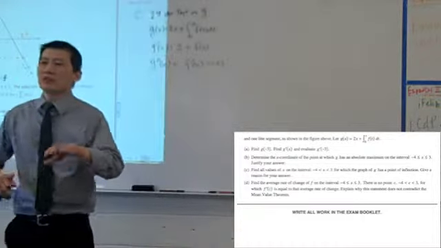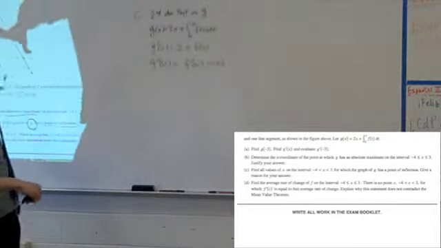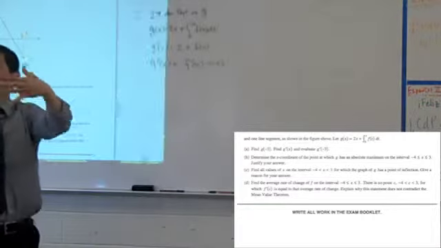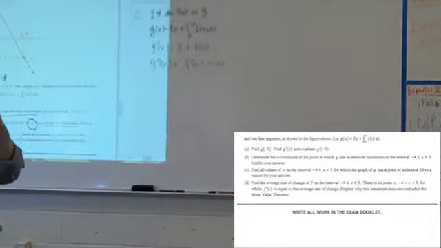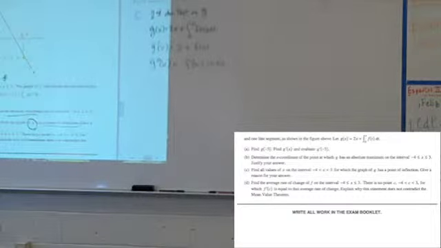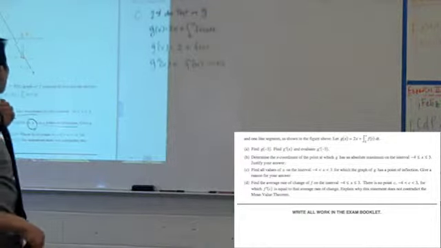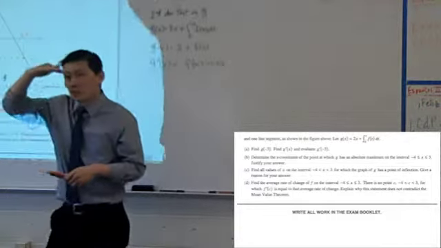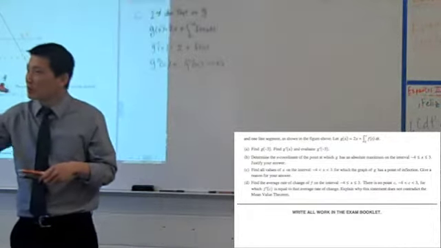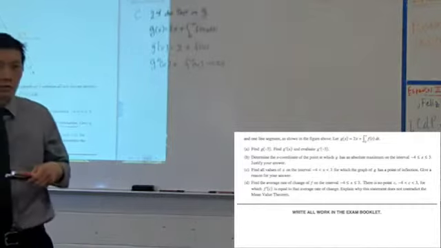Now f prime of x equal to 0, now we have a graph of f of x. f prime means the derivative, the slope becoming 0. Do we have any place where the slope of the tangent line becomes 0? No. We don't.